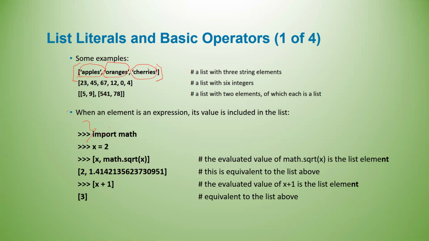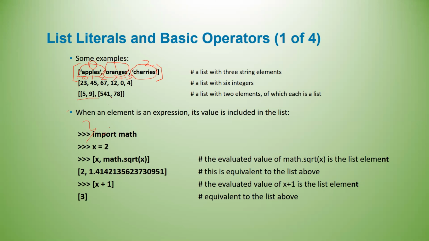So this is a list of 3 strings, at position 0, position 1, position 2. Always remember that. For this one, this list literal has 6 integers, at index 0, 1, 2, 3, 4, 5. That's how you understand it.